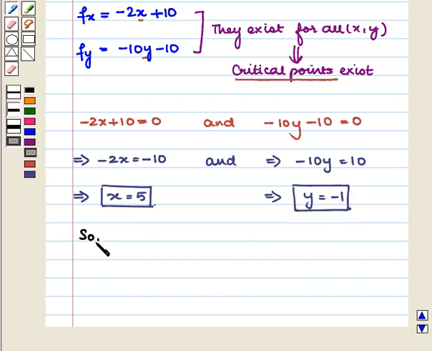So (5, minus 1) is a critical point and is the only critical point.